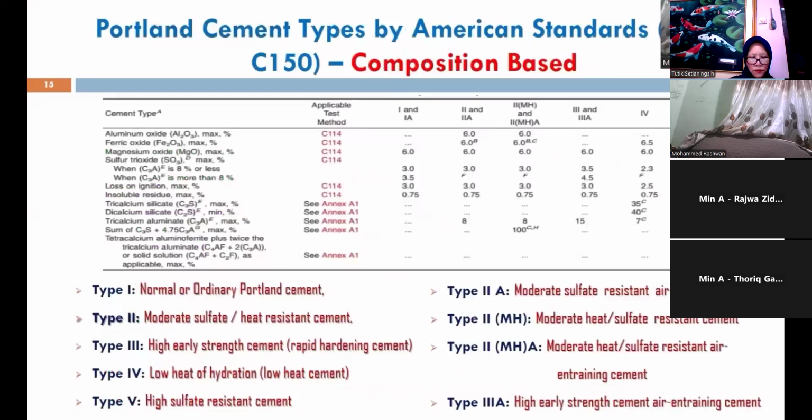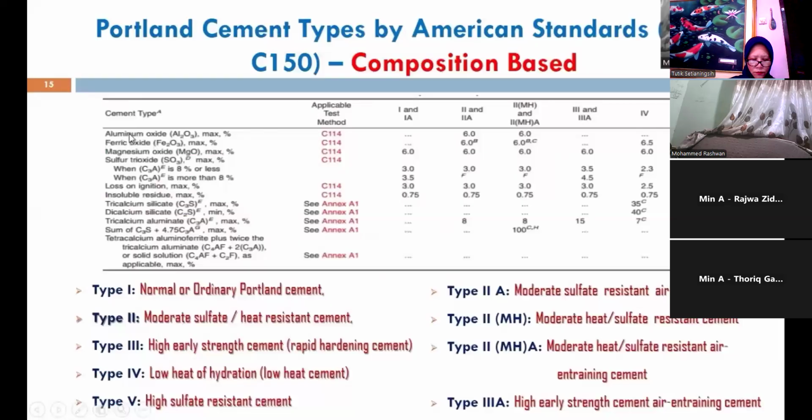The other standard that classifies cement is the ASTM, or American Standard. There are two specifications. C150 classifies Portland cement into several types, like type 1, which is named normal or ordinary Portland cement, according to the chemical composition.